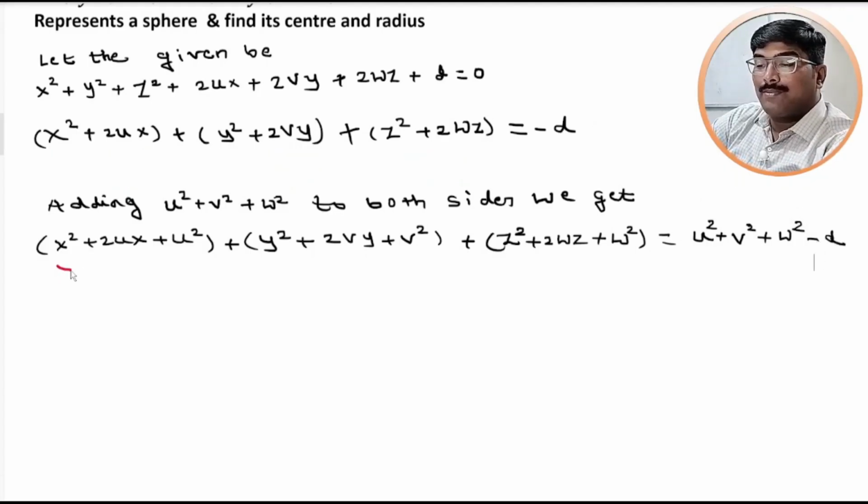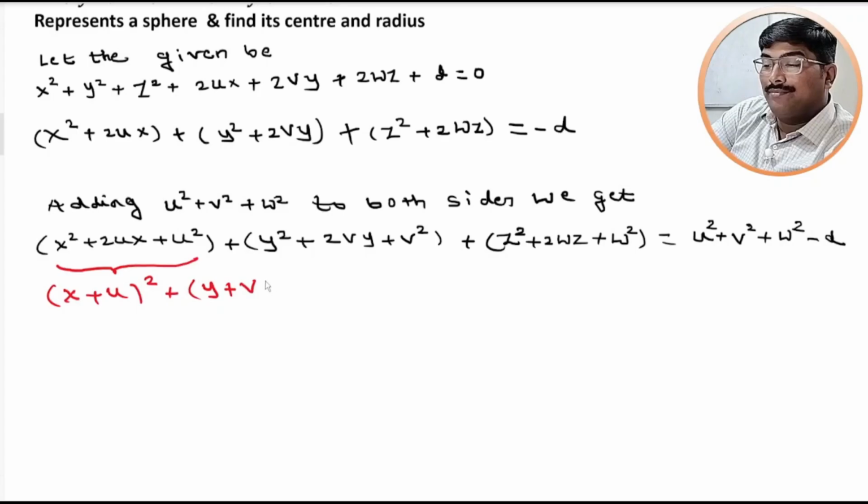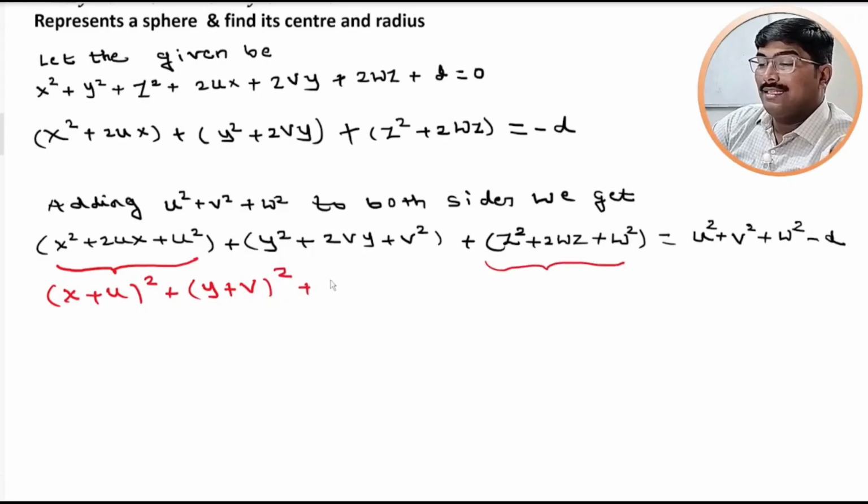If you see the first bracket is a complete square. We can write it as x plus u whole square. Similarly, the second bracket we can write it as y plus v whole square. And the third bracket we can write it as z plus w whole square.